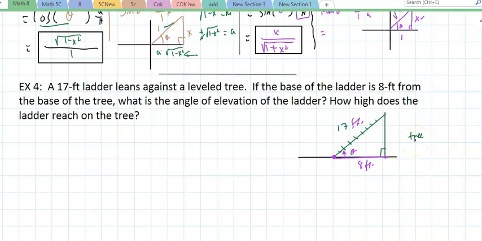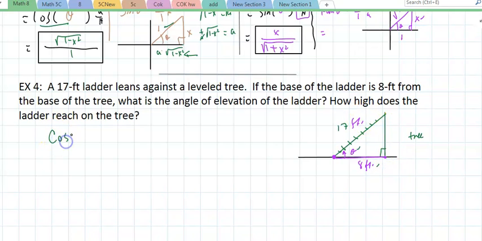I didn't bring the height of the tree in yet. Actually, that's not what we need. I want the angle. What is the angle of elevation of the ladder? Well, I'm given an angle, the adjacent and the hypotenuse.